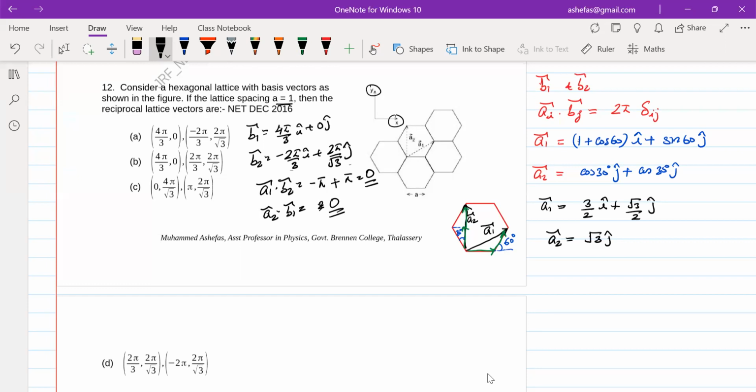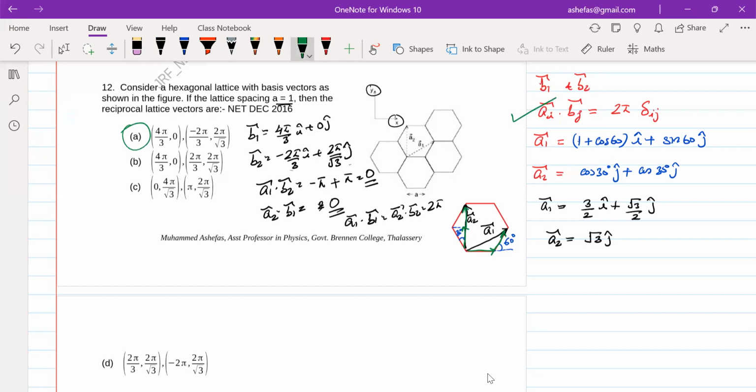So a1 dot b1 and a2 dot b2 are 2 pi, and a1 dot b2 is 0, a2 dot b1 is 0. Therefore this particular choice satisfies ai dot bj equal to 2 pi times delta ij.